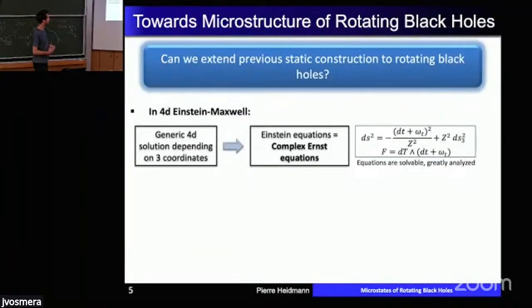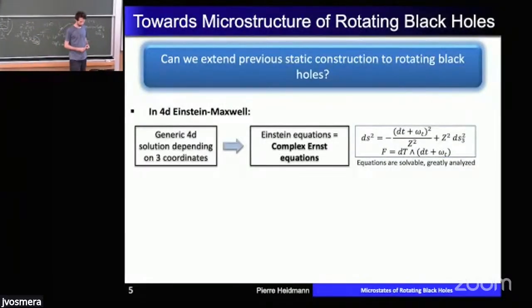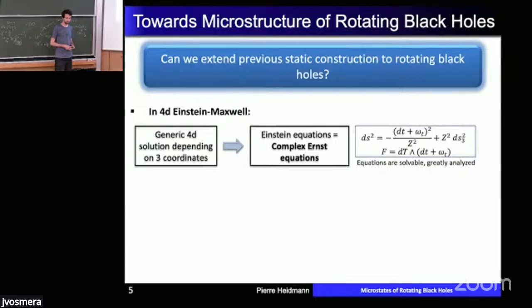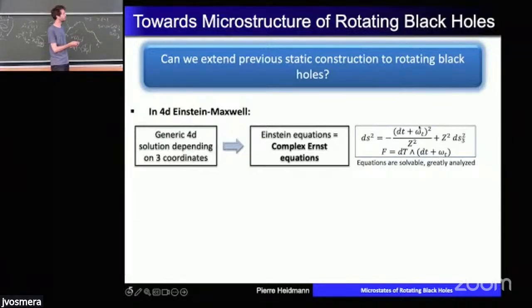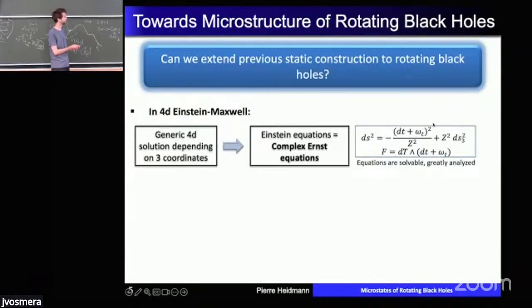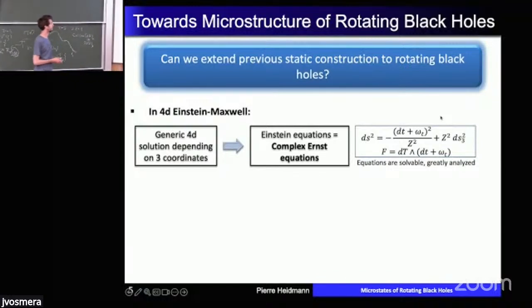So the question now is that we want to address the problem for rotating objects. So we can again look at what has been done in 4D Einstein-Maxwell. You take the same theory as before, but now you assume that you can have a stationary solution. So you have essentially a one-form omega_t here, which can be turned on and will obviously complexify the equations.